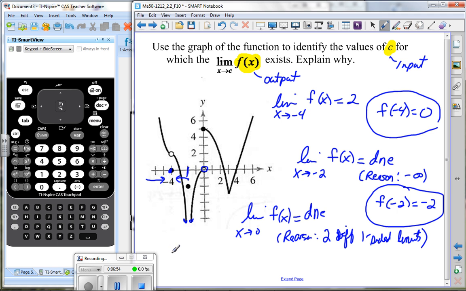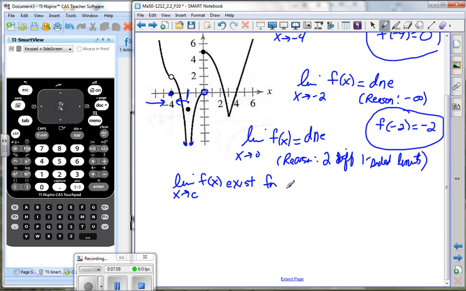Well, are we ready for the conclusion? The limit as x approaches c of f of x exists for what values of c? Just negative 4?